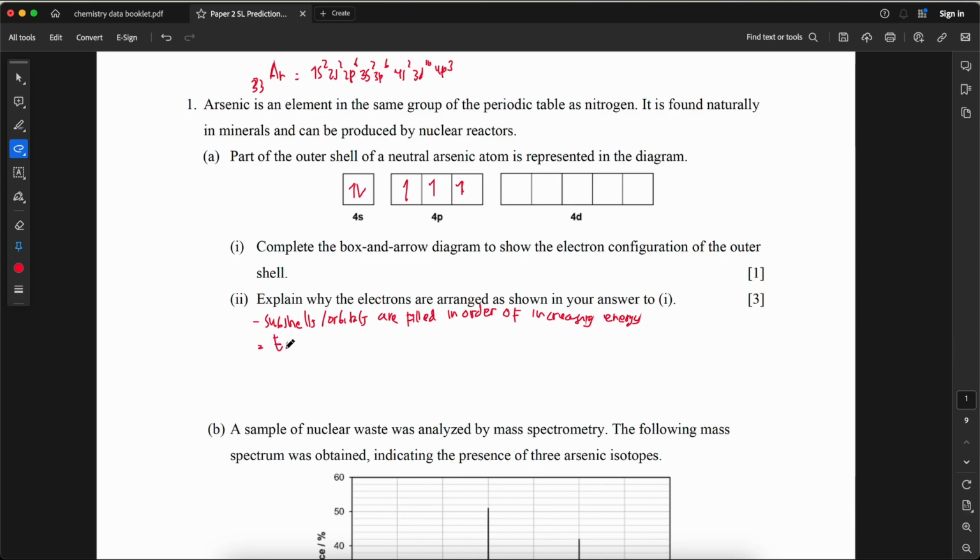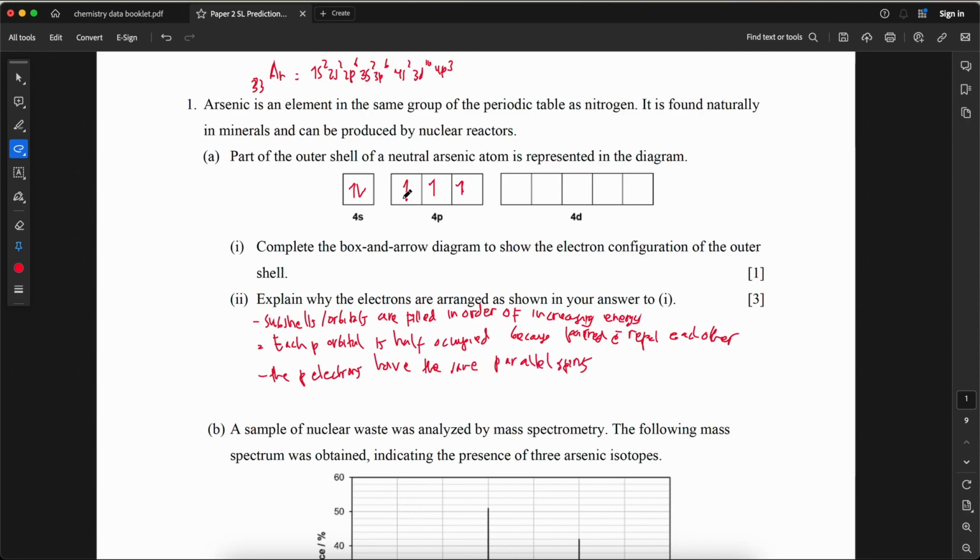Each p orbital is half occupied because paired electrons repel each other. The p electrons have the same parallel spin because they are going up. Okay.